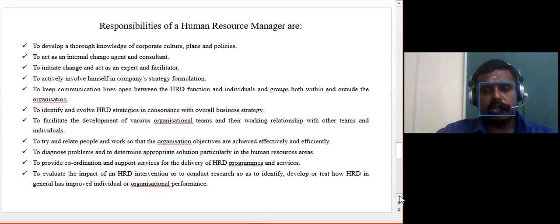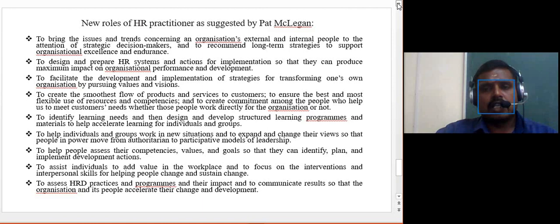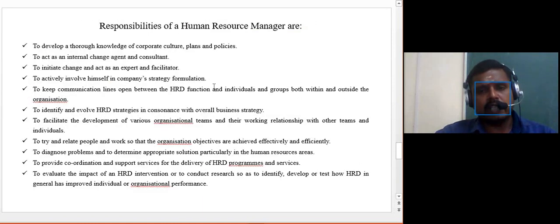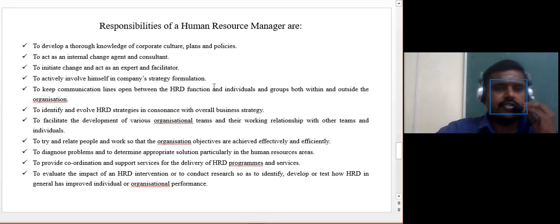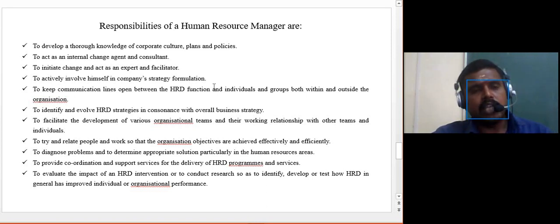So you can understand that the responsibilities of the human resource manager are not a limited part, it is an unlimited part, it is infinity. As an HR manager of a particular organization, I am playing a vital role.